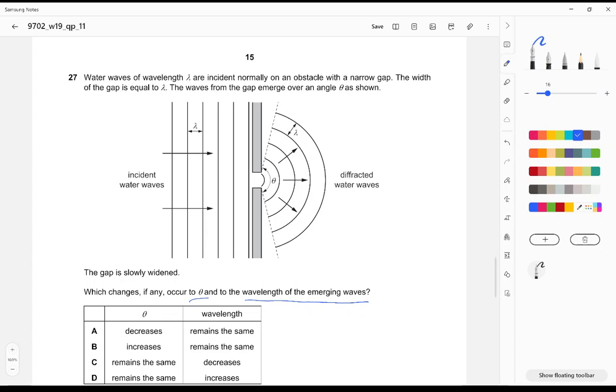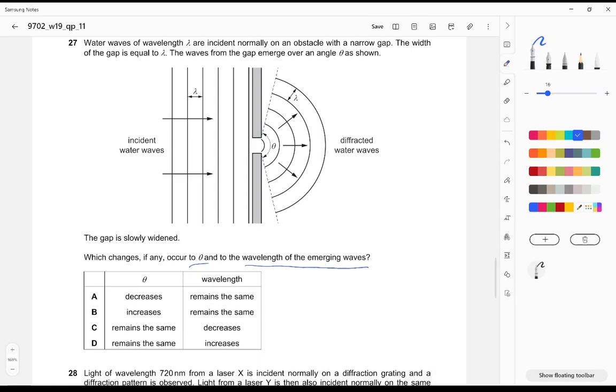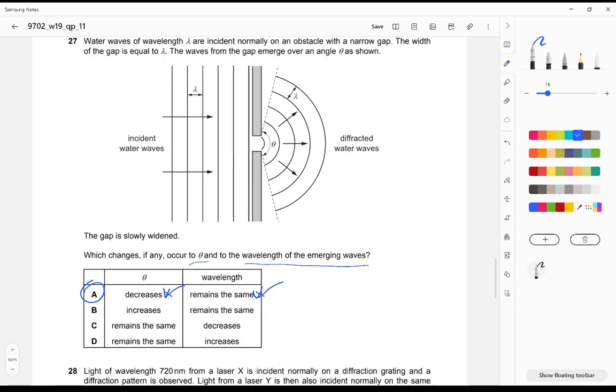So if you open this, the spreading of the waves decreases. So theta will decrease, and the wavelength will remain the same. So A is the right answer.